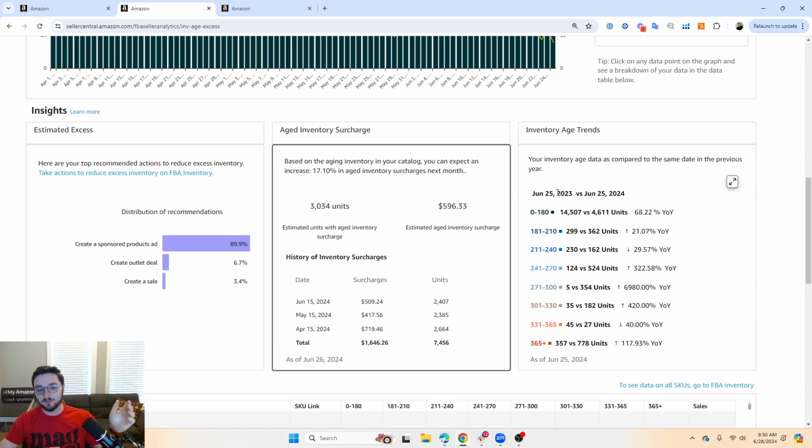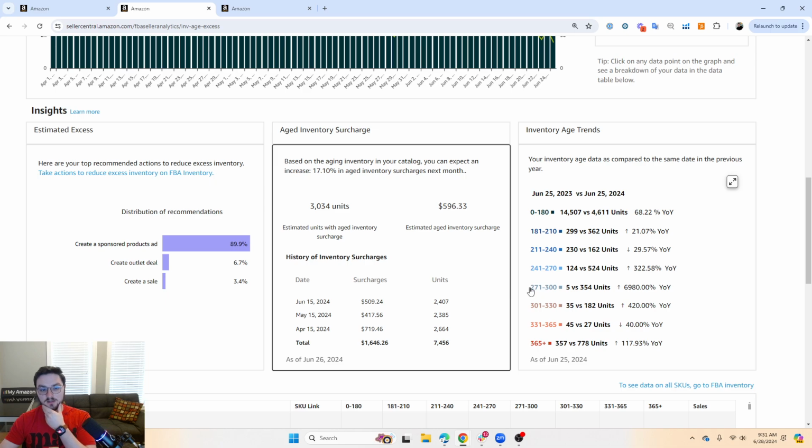So this is a year-over-year trend. It gives an understanding of exactly where each of your units is in the age range of 0 to over a year old. So you can see whether or not you're going up and down in certain areas. Again, this one isn't super useful, especially until you get to around that over 180 day range, right?